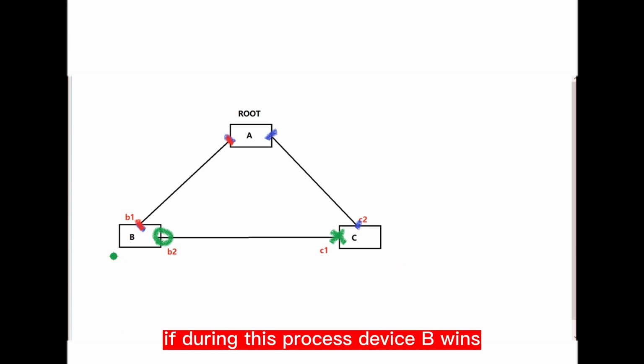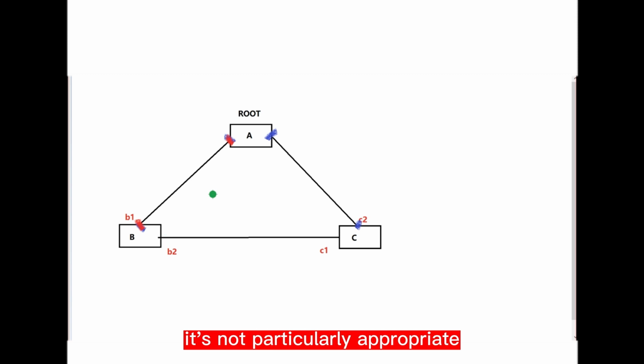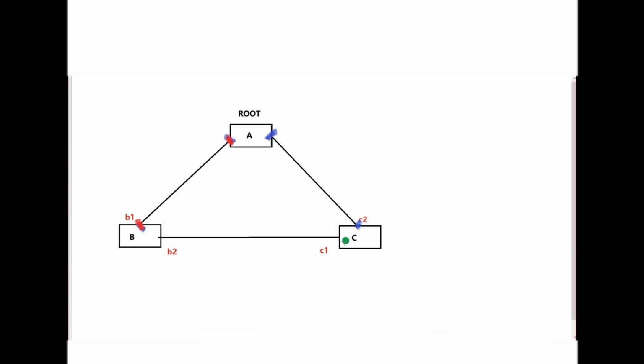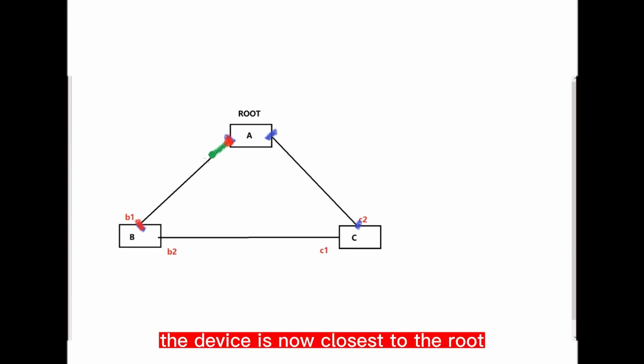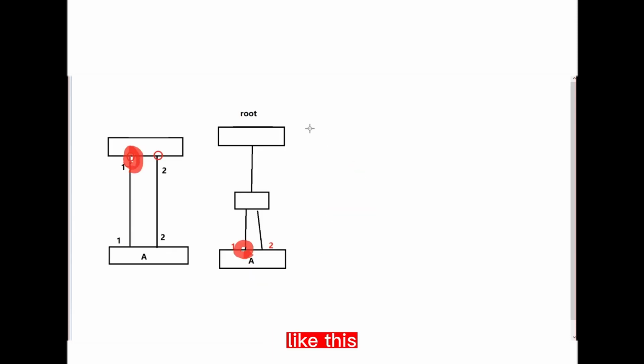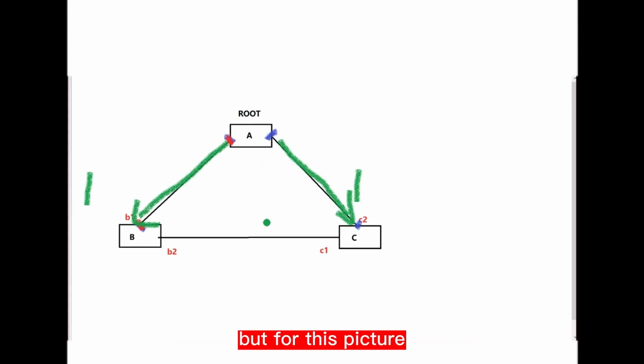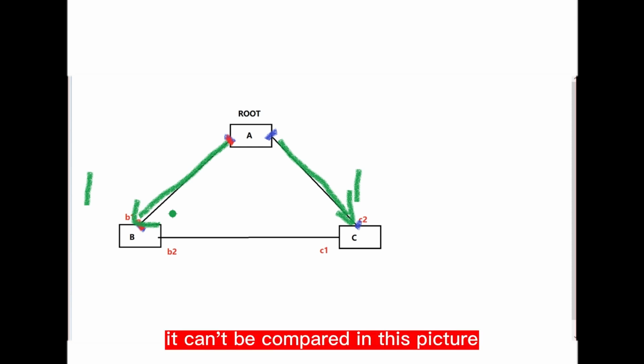If during this process device B wins, then its interface will become the designated port. It's not particularly appropriate for me to give this example, but you can understand. That is, the device is now closest to the root. This is 1. This is also 1. Like this, actually we don't have to choose. But for this picture, it is selective. You will find it can't be compared in this picture.